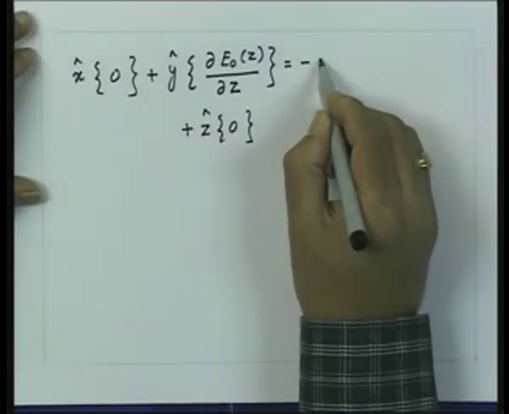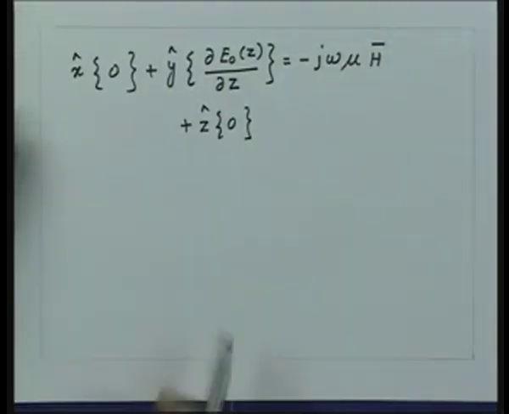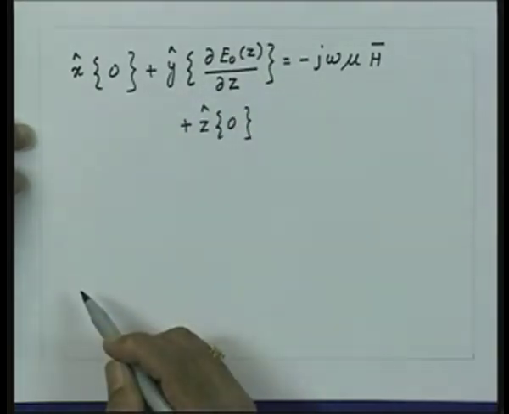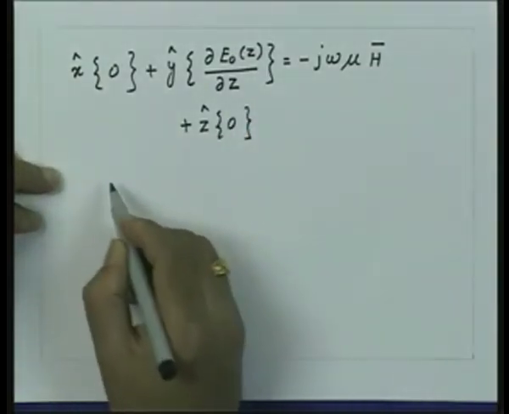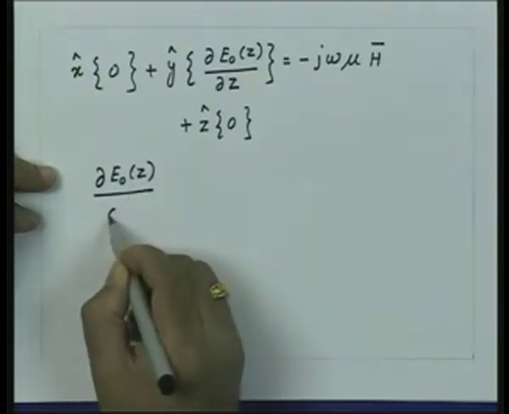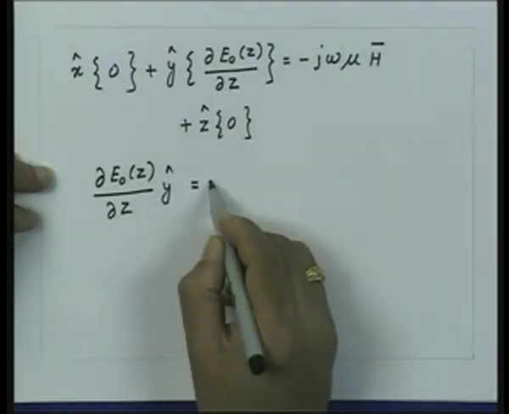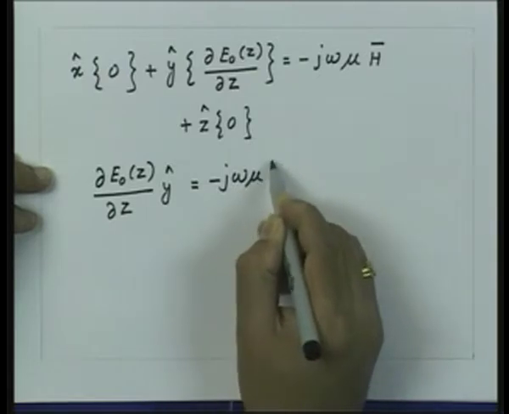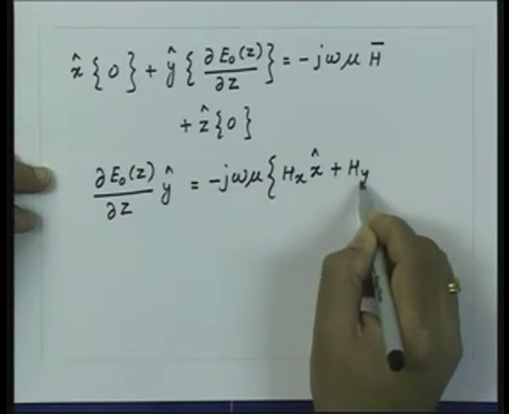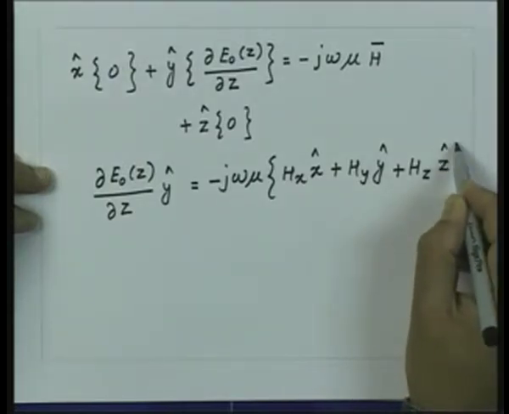That is equal to minus j omega mu into H. So, this quantity is 0, the x component is 0, the z component is 0, only there is a y component here. So, which gives me now that d0z by dz, the y component, is equal to minus j omega mu into (Hx x component plus Hy y plus Hz z).